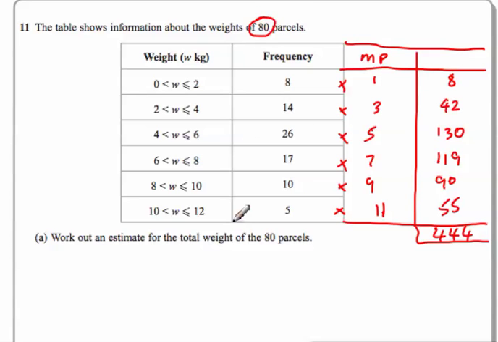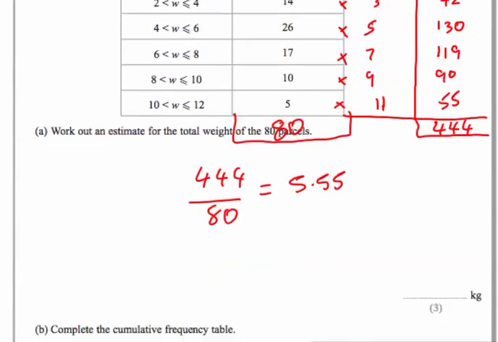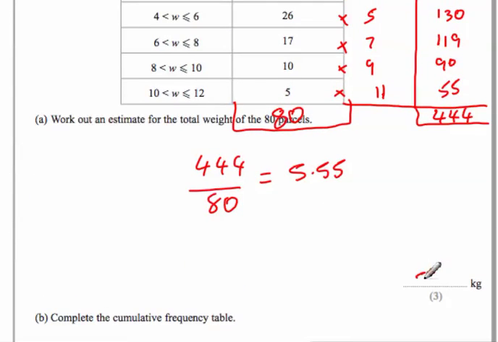In other words, if we add these up, we will get 80. So this is the number that we divide by. 444 divided by 80 gives us 5.55. So the mean is 5.55 kilograms.